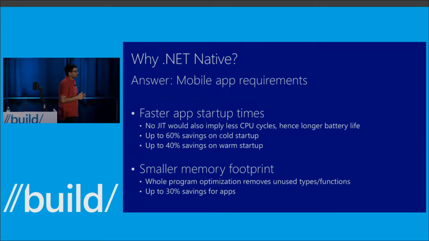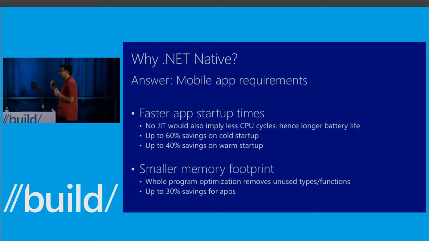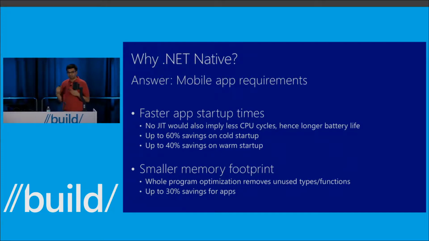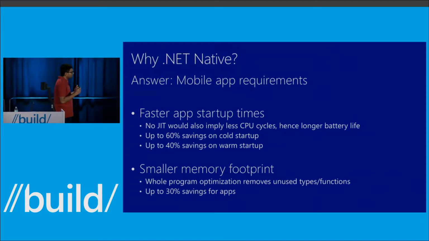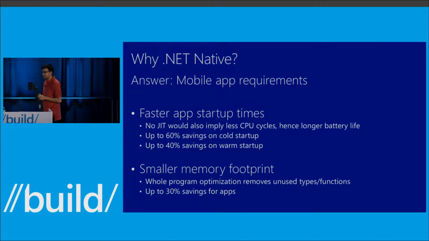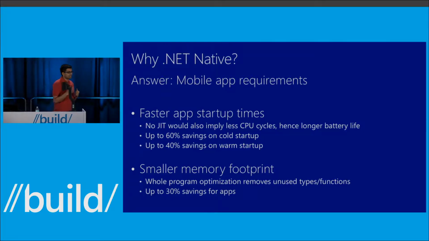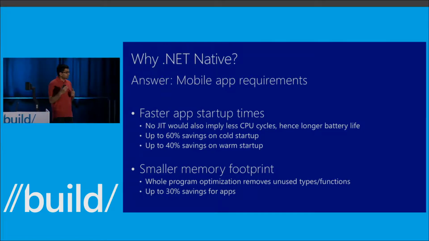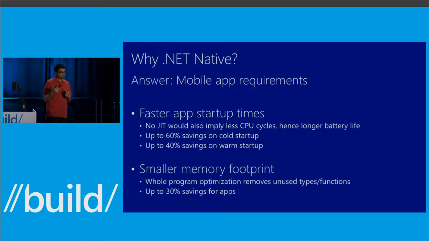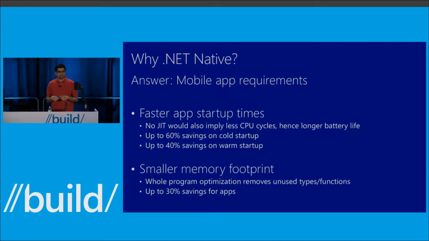So you might ask the question, why .NET Native? There are multiple facets of this particular question that I'm going to try to address here. The very first thing is mobile apps today, and the apps that you would particularly build for Windows 10, universal Windows apps, have a certain set of requirements that's different than what you would have expected from a typical Win32 style desktop application, let's say a WPF application or something like that.